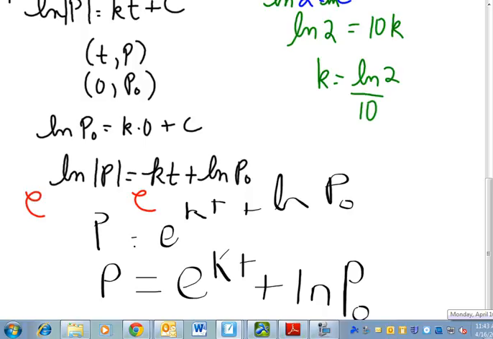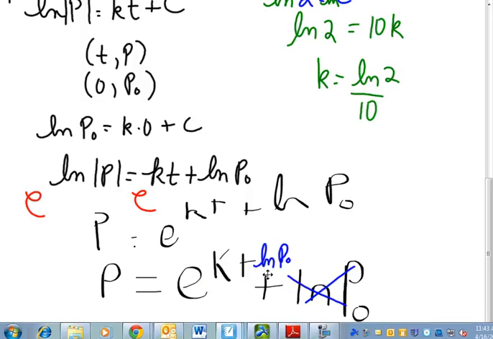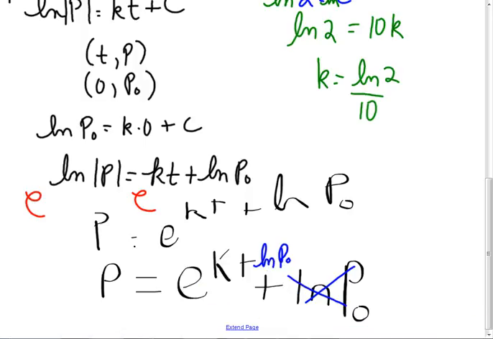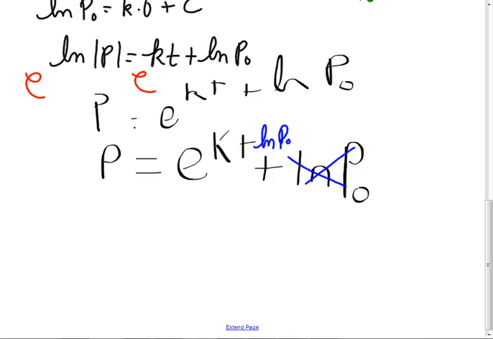It goes up. So you can't put this here. It has to be plus log of P0. e to the kt times e to the log of P0. Mine's up in the exponent. So what does that end up doing? That's what I saw as a reader.